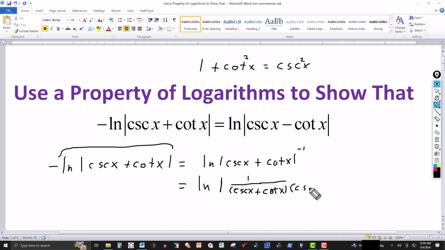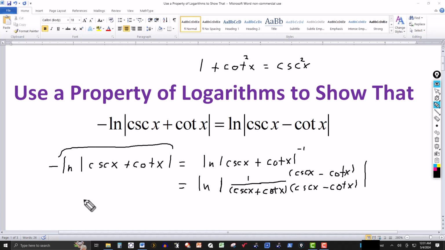So we've got cosecant of x plus cotangent of x, so just make this cosecant of x minus cotangent of x. So all I'm doing here is multiplying the numerator and denominator by this expression here, cosecant of x minus cotangent of x. And this is still absolute values here. So just to save some time and space, that's what we get.